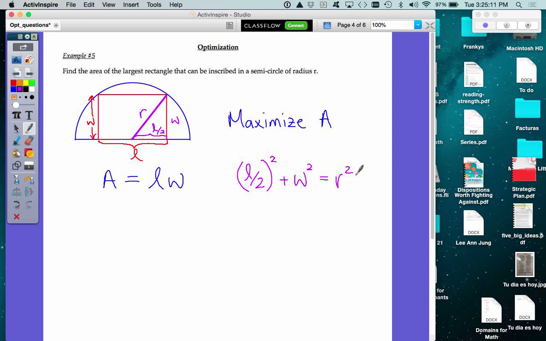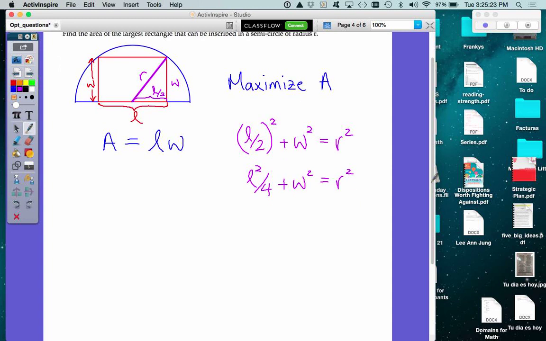So if I simplify this a little bit, I now get L^2/4 + W^2 = R^2. I don't really love that I've got a fraction in this, and so I might multiply the whole thing through by 4, and I'm going to get L^2 + 4W^2 = 4R^2.